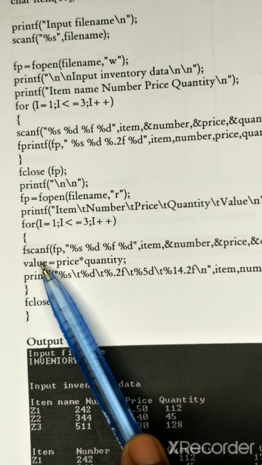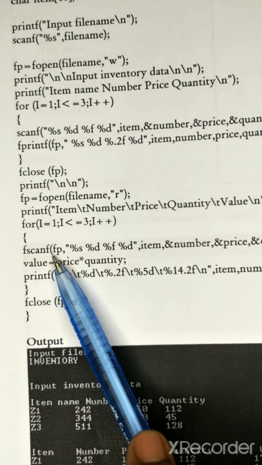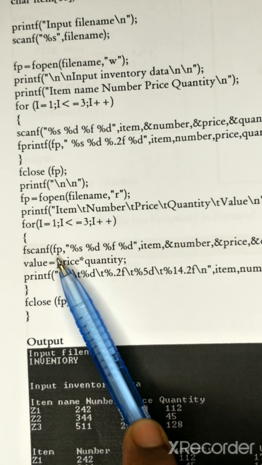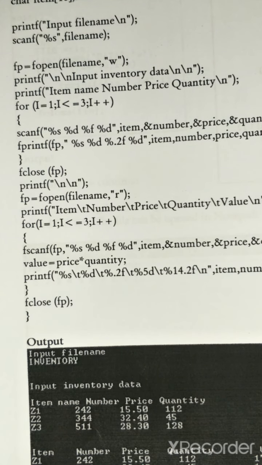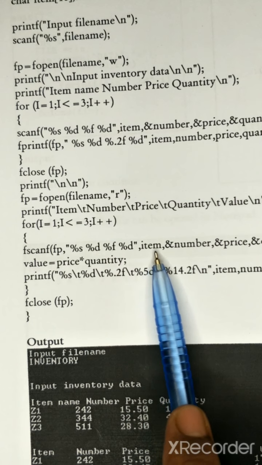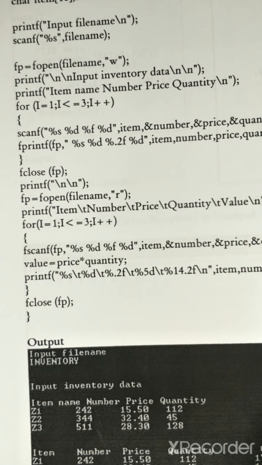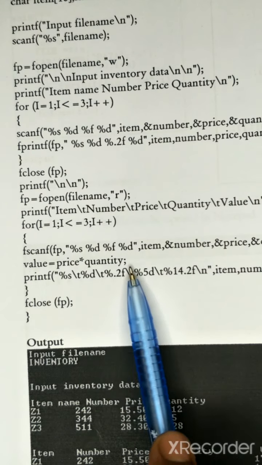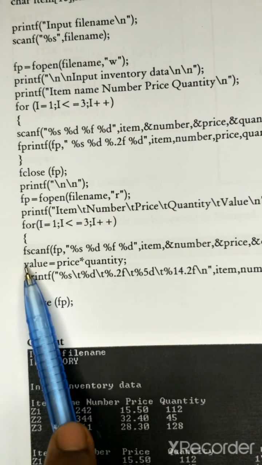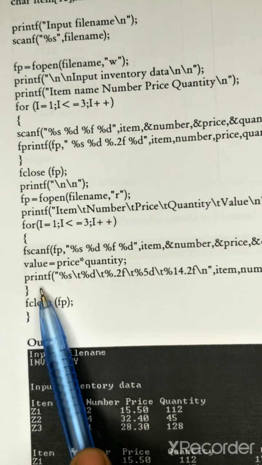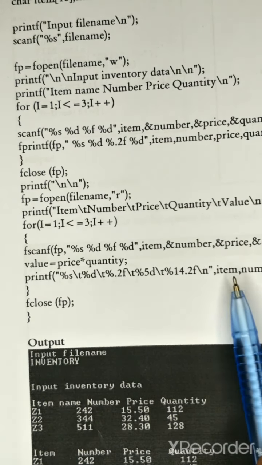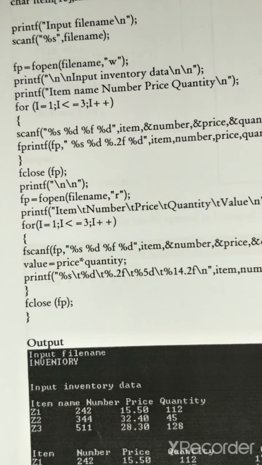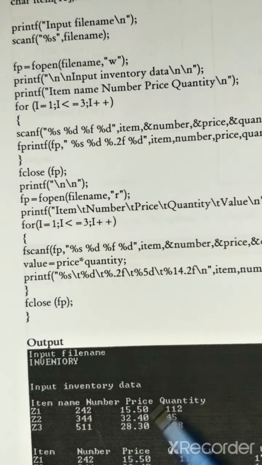We read from the file. fp refers to which file we want to read from, and the rest are the variables or items that we want to read. And then we do the process here: price times quantity, we get value, and then print on the screen everything there, item, number, price, quantity, and value, and close. And this is the output.